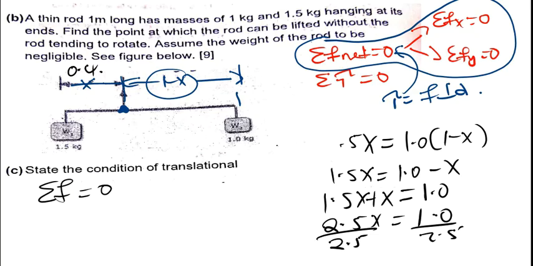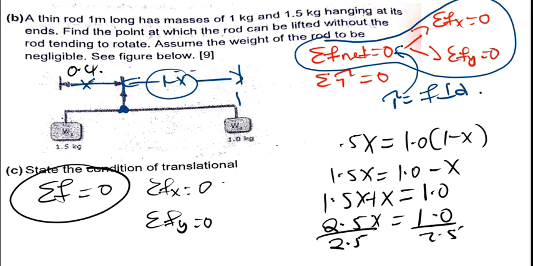That's the condition of translation. So you have the summation of forces in x should be equal to 0, the summation of forces in y should be equal to 0. So you just say the summation of all the external forces should be equal to 0. That's all.